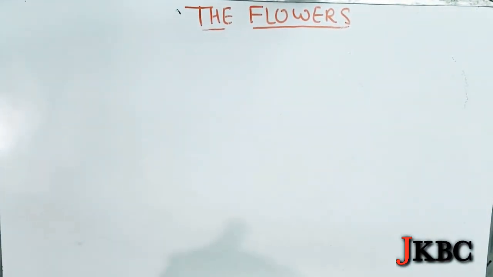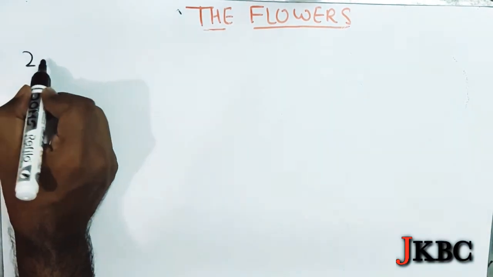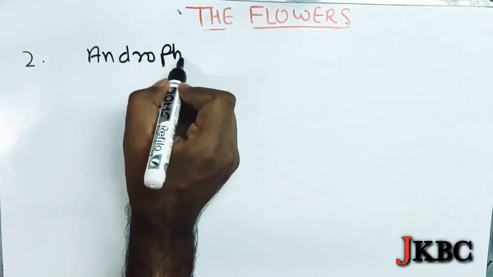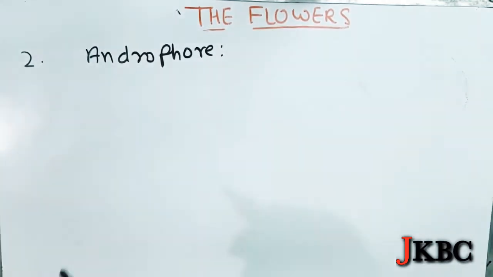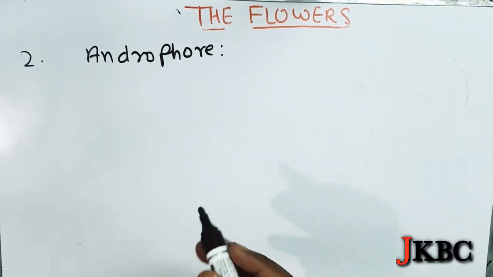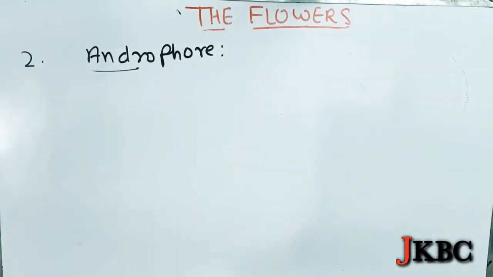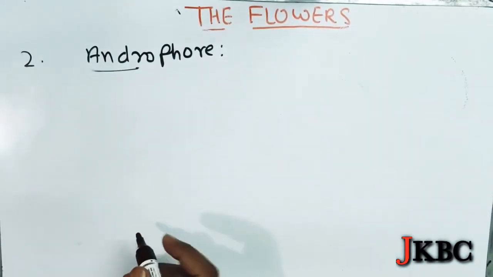Now second is androphore. Andro means androecium. You can easily understand the development of which part. It is the development of the internode in between the androecium and the corolla.